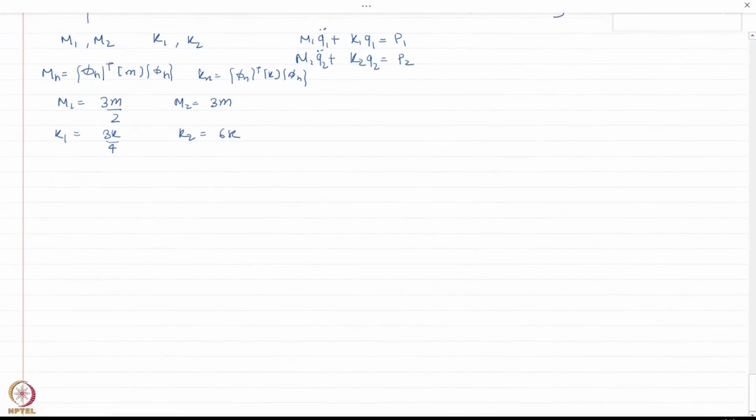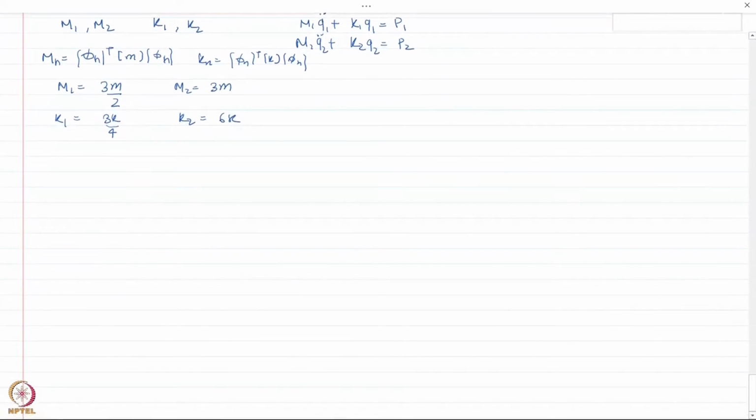Once we have found that, let us get the generalized excitation force for each mode. First I want to get P1(t), which is phi 1 transpose times the vector P(t), which is half times P naught sine omega t and 0. This gives me P naught by 2 sine omega t.